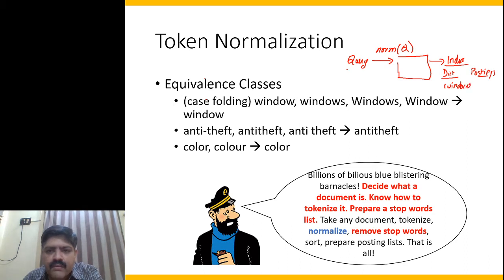Irrespective of whether the query contains window or windows, the normalized form would just have window in it. So we reformulate the query and match the normalized form to the dictionary, and thus both these queries would match and produce the same results.